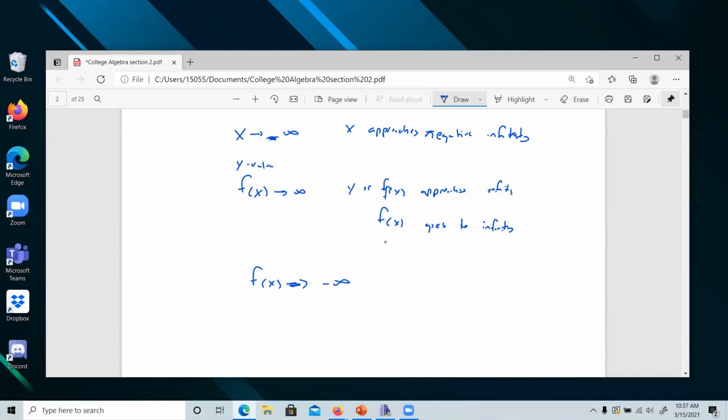All right. And then again, it can go in a negative direction. Okay, so think of anything that can compile a huge amount of debt over time, and it just seems to never ever get smaller. Okay, so this is the y value again, y or f of x goes to negative infinity.